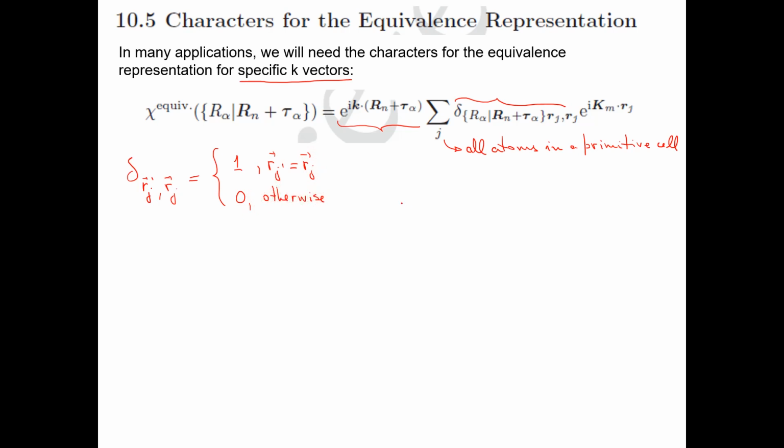but in which Rj prime is just the result of applying a symmetry operation that combines a point group operation with a translation. You apply that to Rj, and this is Rj prime. Okay.